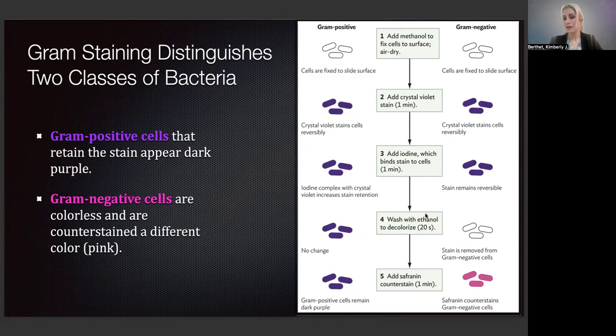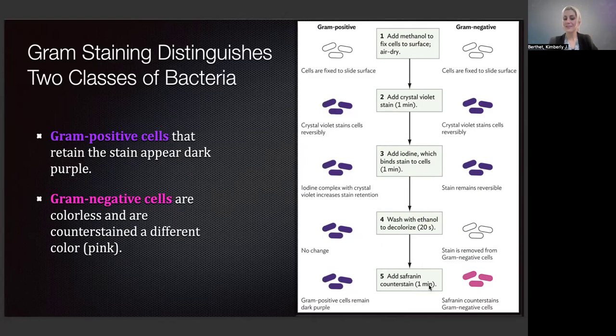Ethanol is only left on for about 20 seconds, so we don't want to overly treat with ethanol. We could wash out some of the dye here. Following that, if we were to look at our sample underneath the microscope at this point, one side would be purple, our gram-positive, the other would be clear, as we see here.